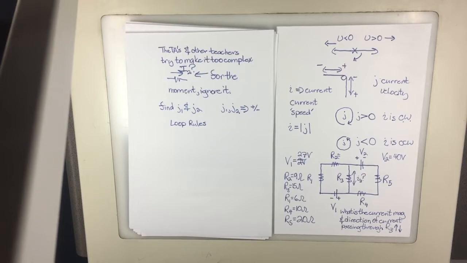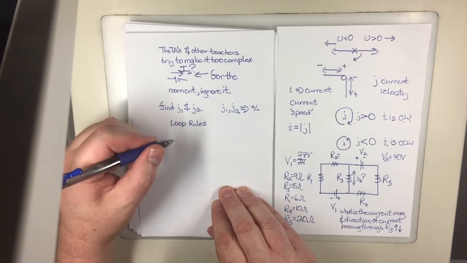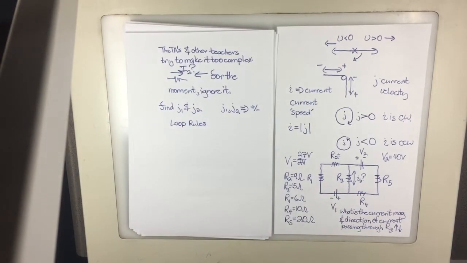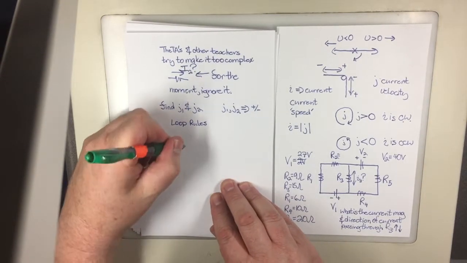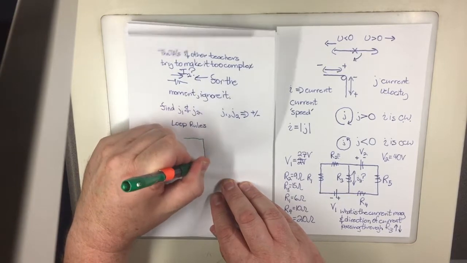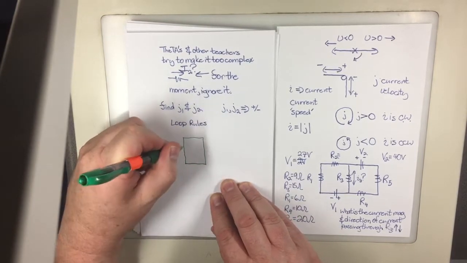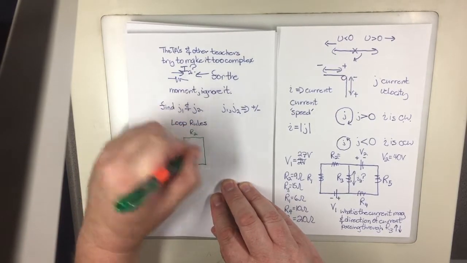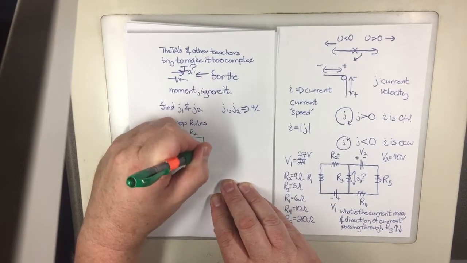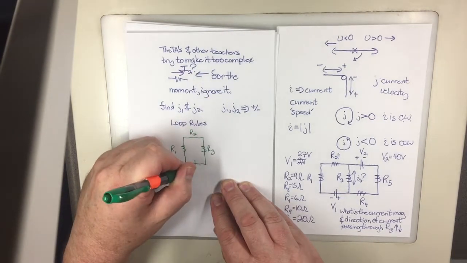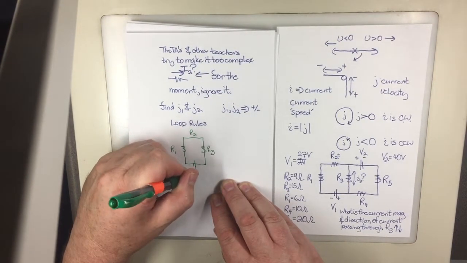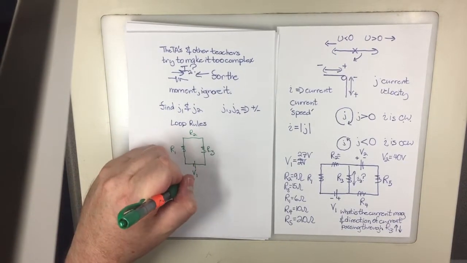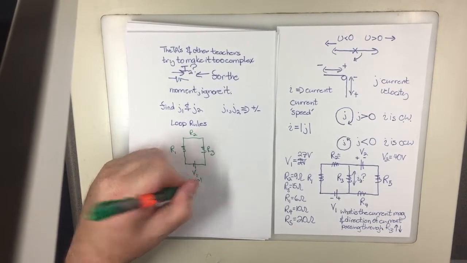For the loop rules, you set up a loop. As an example, R1, R2, R3, and V1. And this is loop 1.